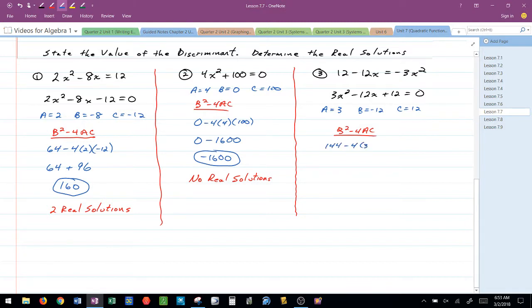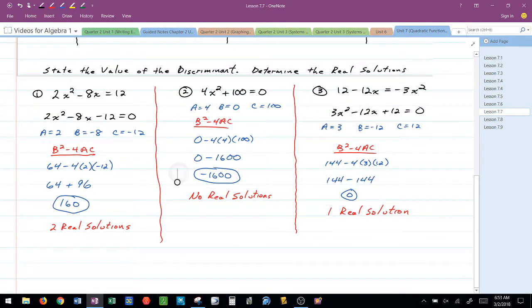Minus 4 times 3 times 12, which would be 144 minus 144, or a discriminant value of 0. When the discriminant value is 0, that tells me there is one real solution. Or in other words, there is exactly one time that this graph touches the x-axis.